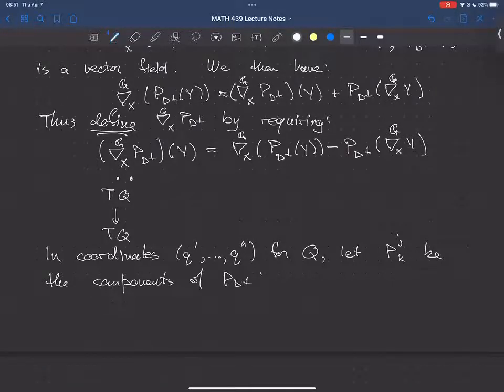Okay, so what does that mean? So that means that P D perp of d by d Q J is P J K d by d Q K. Right? So it's just the matrix representation of that linear mapping on tangent spaces with respect to the standard coordinate basis vector fields. Okay.